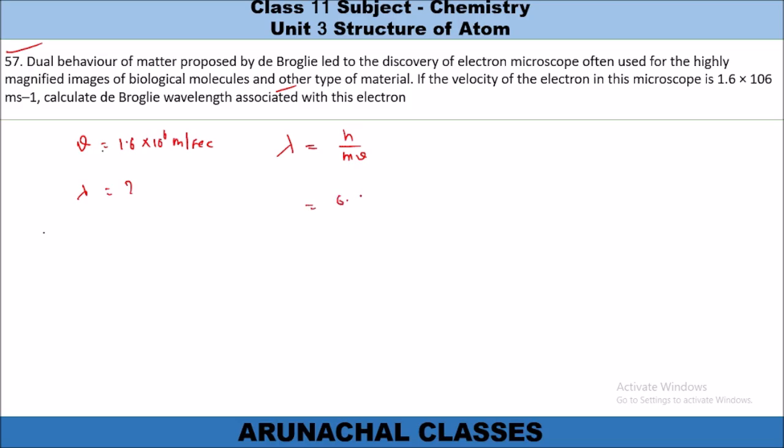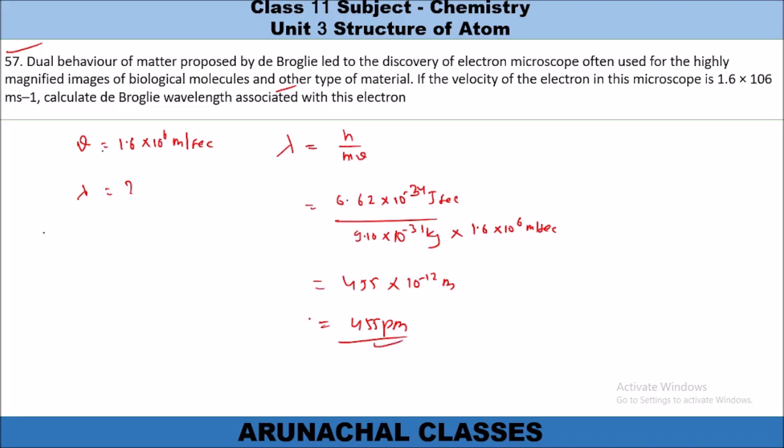H is Planck constant 6.62 into 10 power minus 34 joule second divided by mass of electron, that is 9.10 into 10 power minus 31 kg. Now multiply with velocity 1.6 into 10 power 6 meter per second. When we solve this one, it will be 455 multiply with 10 power minus 12 meter, that is 455 picometer. That is the de Broglie wavelength.